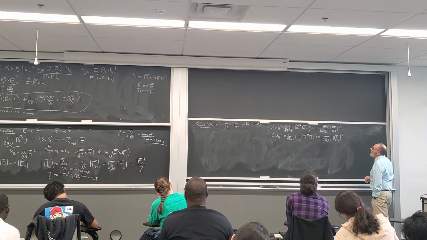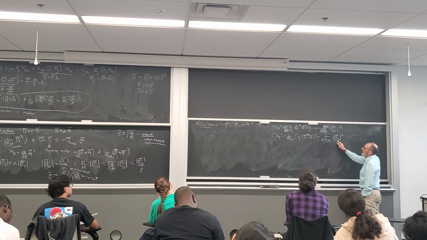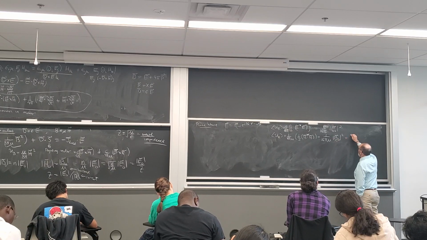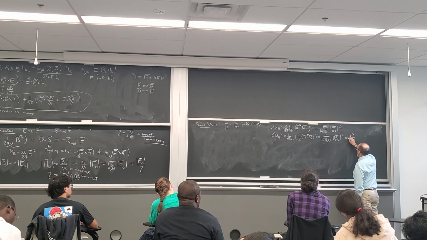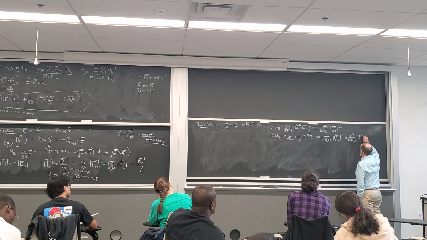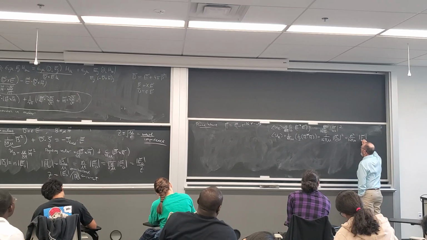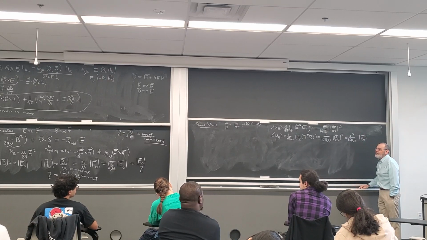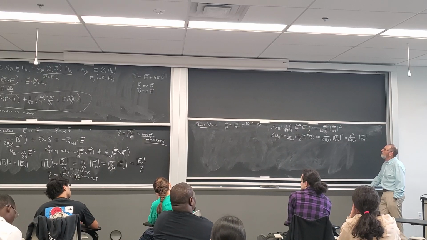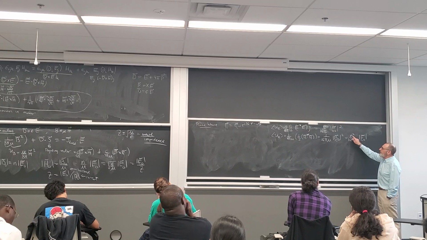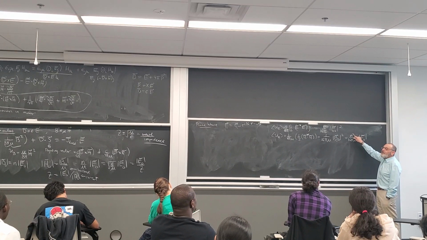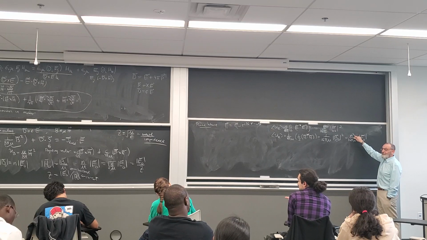But B naught is the index of refraction times E naught, and the index of refraction squared is what?